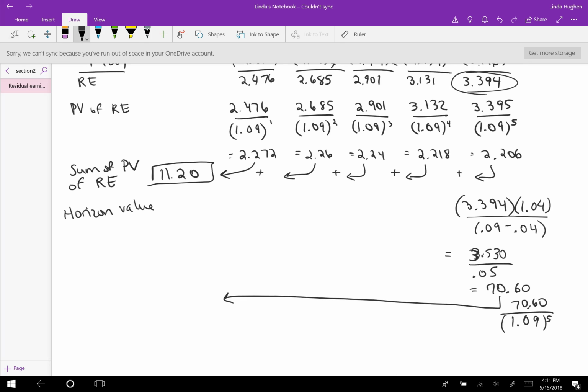So 70.60 discounted at 9% for 5 years gives us the present value of the horizon value, which works out to be 45.89.